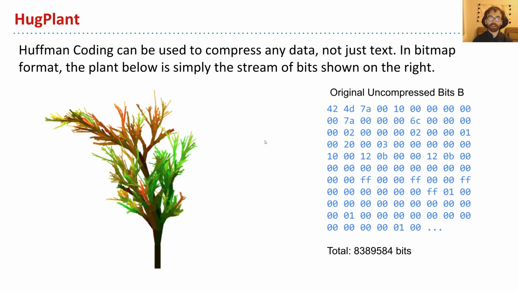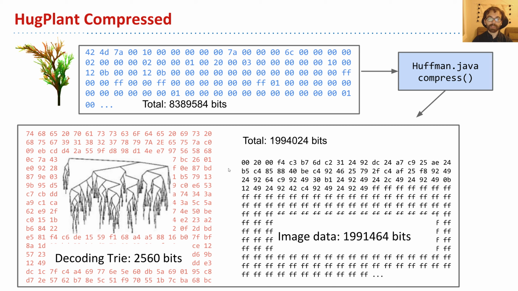So I run my Huffman compression algorithm on this, and I get back two things. First, my decoding trie, which when I did the experiment, ended up being around 2,560 bits. In this case, the total number of possible symbols that I had was everything between 00 and FF.